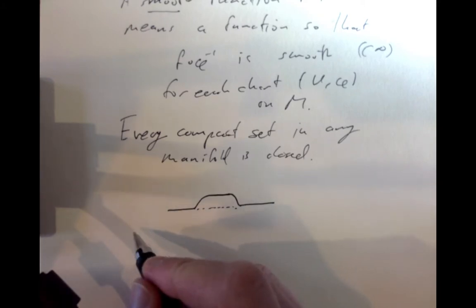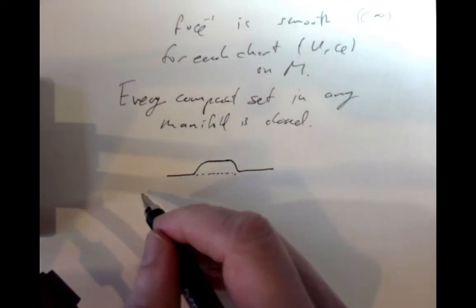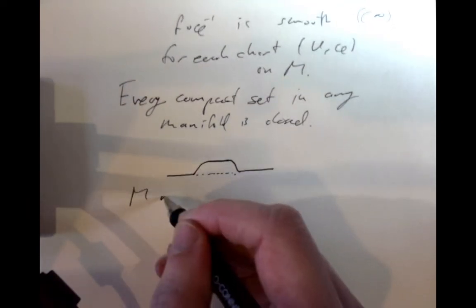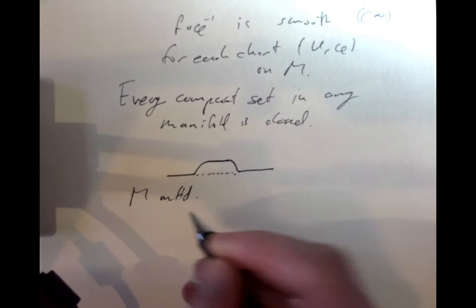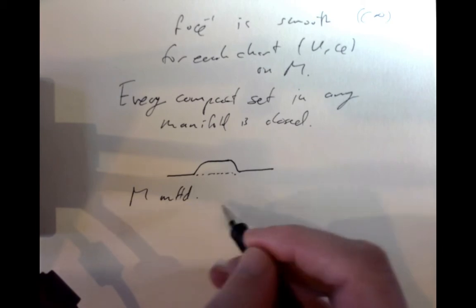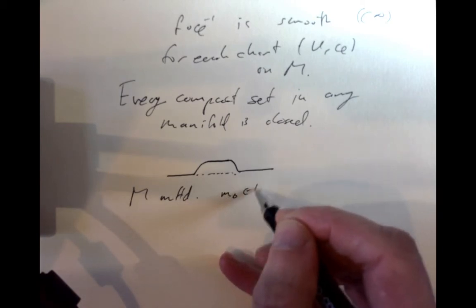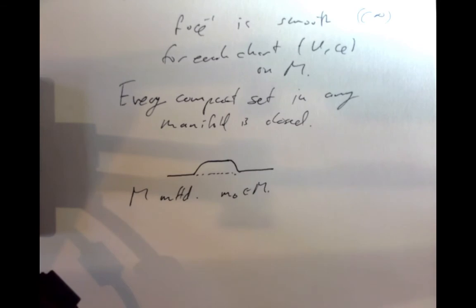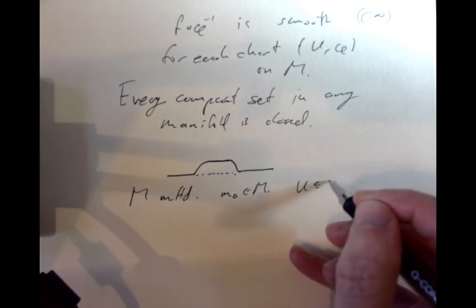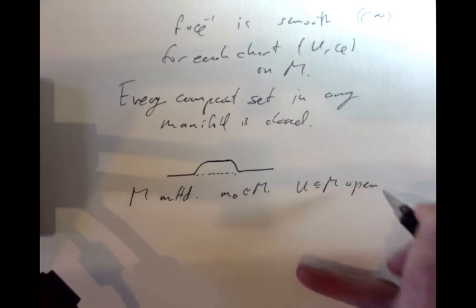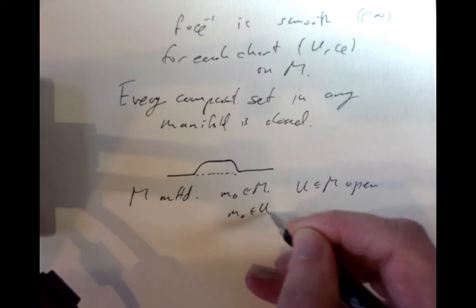So what we are going to do is suppose we have a manifold, and we take a point m0 and we take an open set U, and suppose that the point lies in the open set.